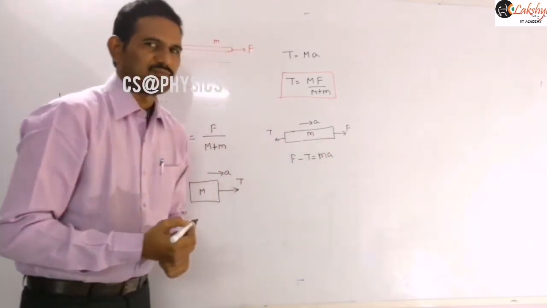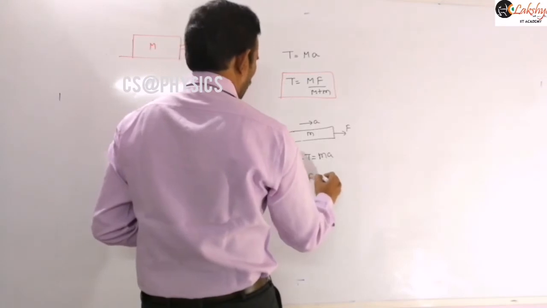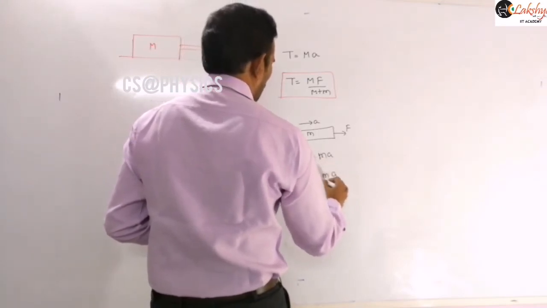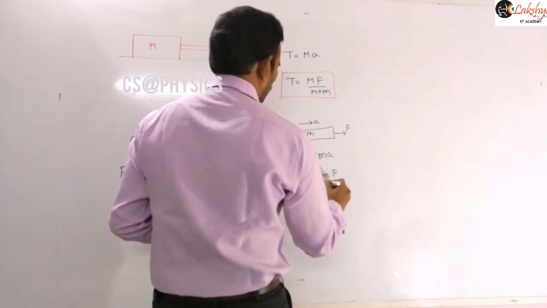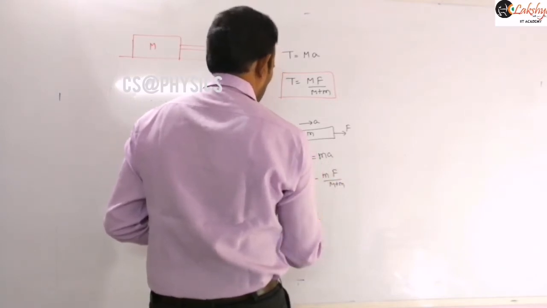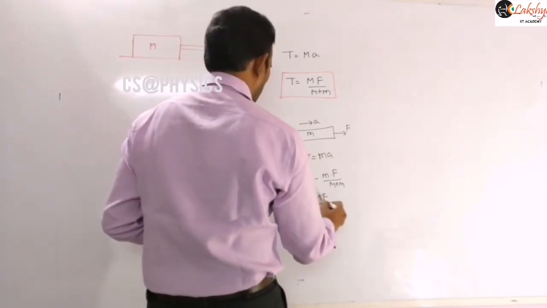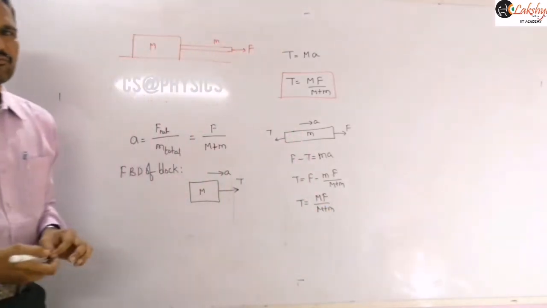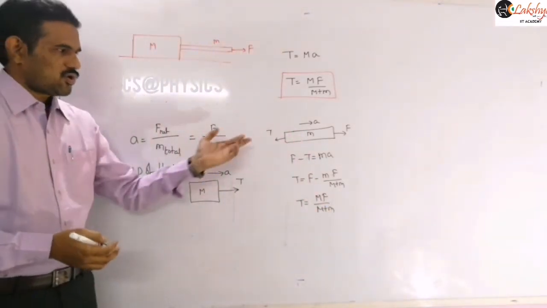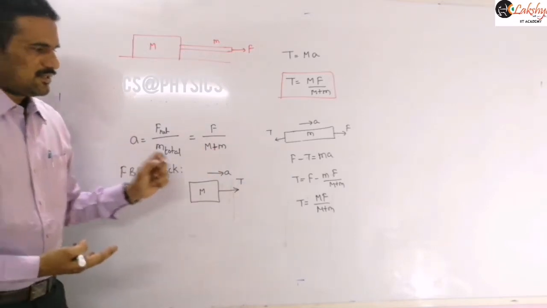Then T equals F minus m into a, where a is F by M plus m. From this you can calculate the tension: T equals F into M by M plus m. So either you consider the free body diagram of the block or the rope, you will get the same answer.